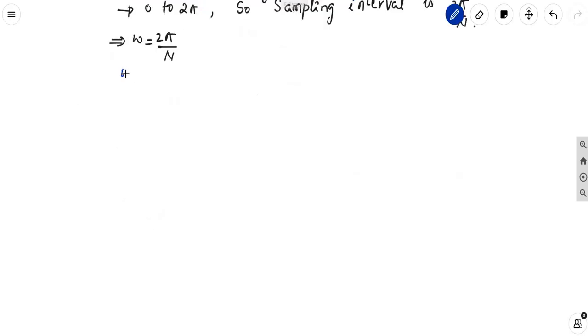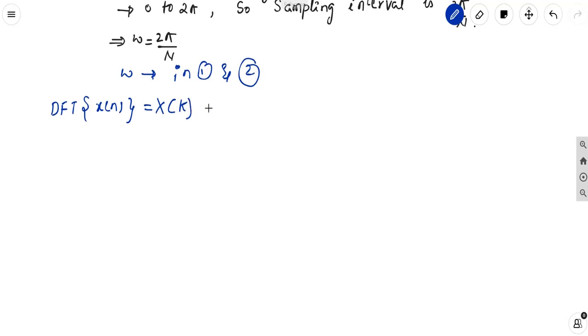Substituting the value of omega in equation 1 and equation 2. The equation was DFT of x of n, which will be equal to X of k.